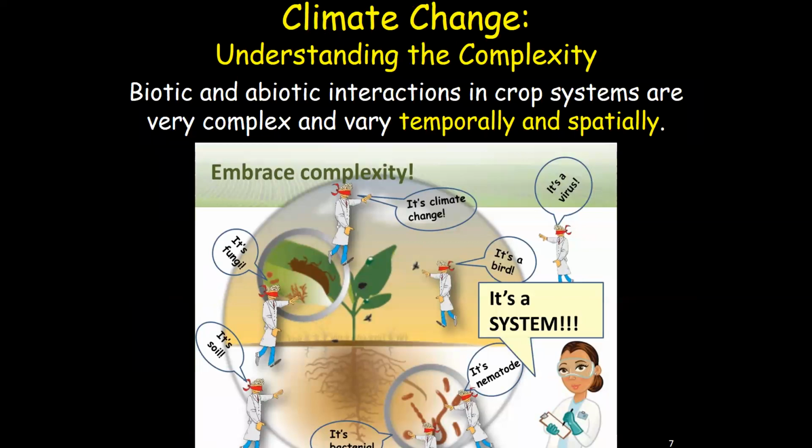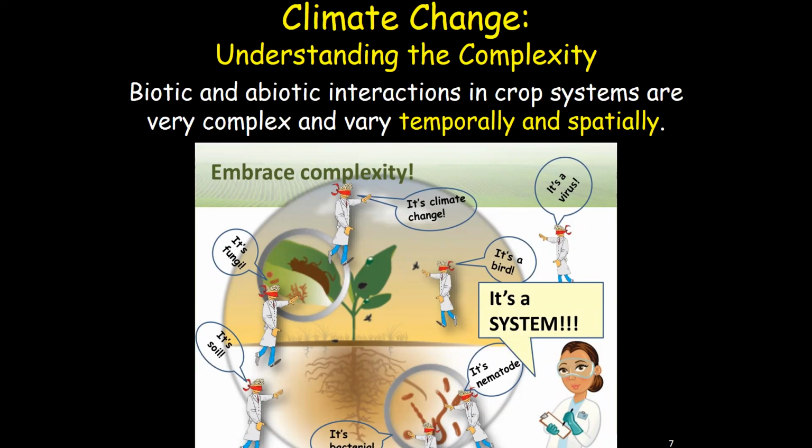Well, firstly, we need to understand the complexity that climate change poses if we are to deal with it. There are many biotic and abiotic interactions in crop systems that are extremely complex and that vary in time and space.